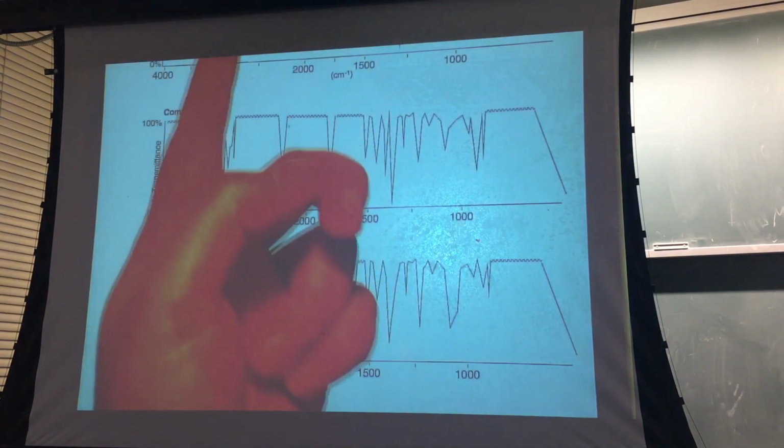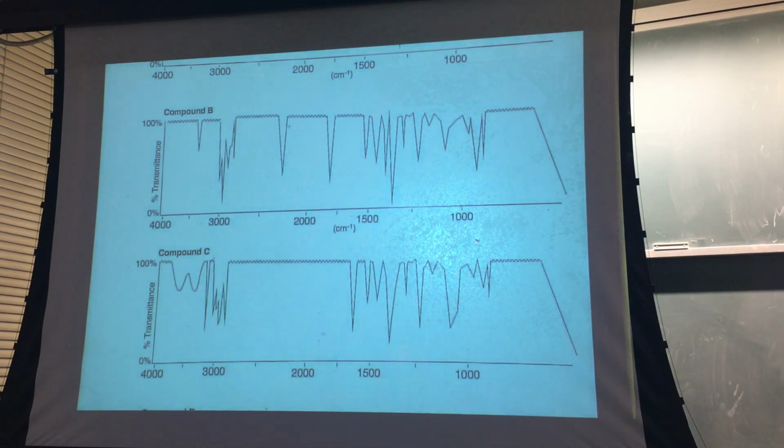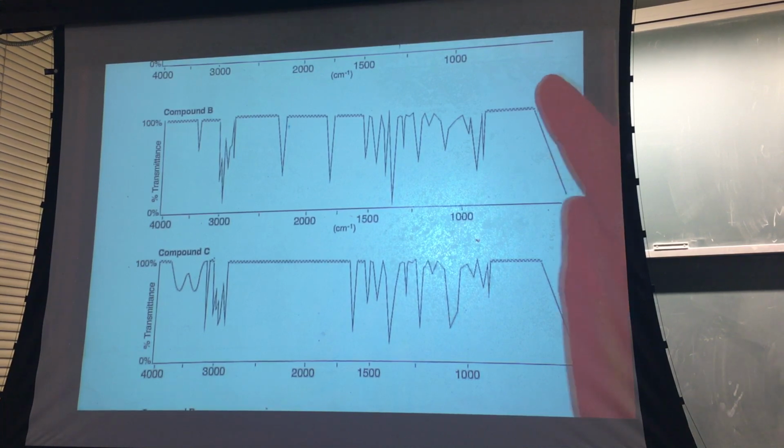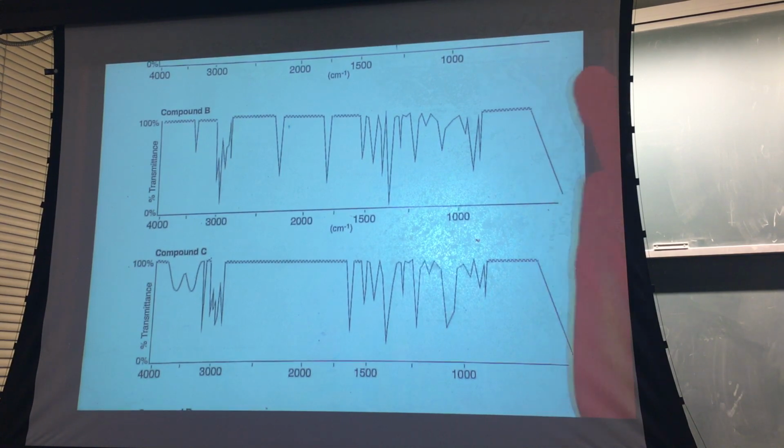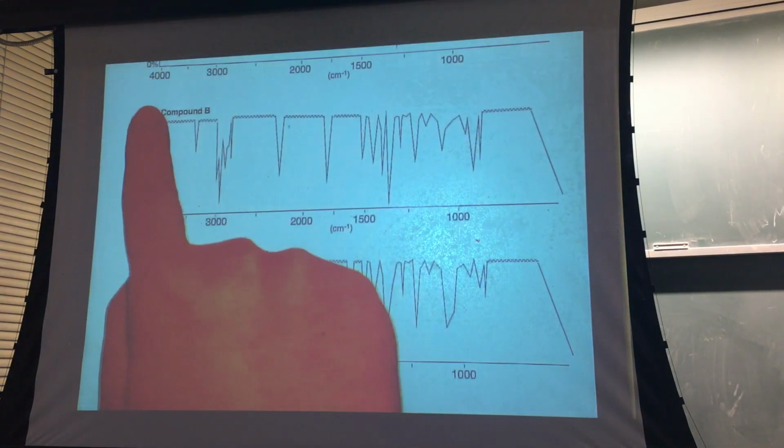What we do for IR, in reality, when I was doing research, I made a sample and put it into the machine for IR, which is FTIR. I put the sample in, and the machine is going to shoot IR light into the sample. I usually use from 400 to 4,000.